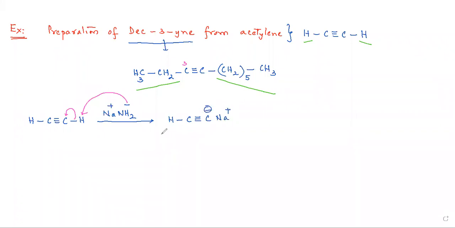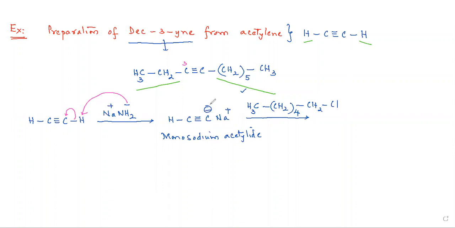So this is called monosodium acetylide. Okay. Now let us add this portion by taking the CH3, CH2 taken 4 times, just taken a carbon out for convenience.